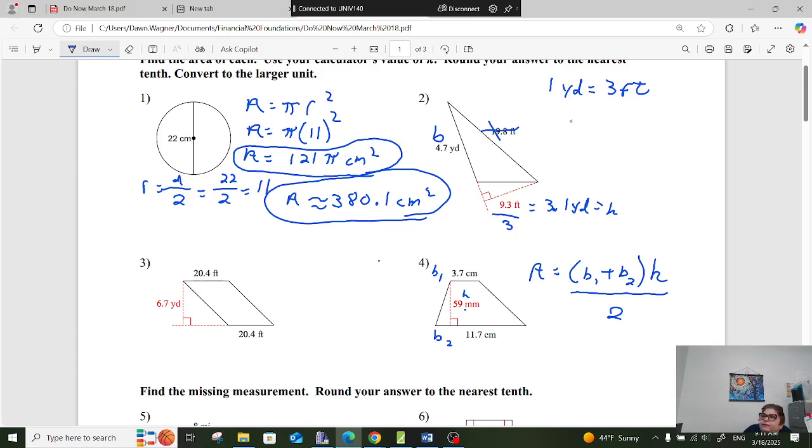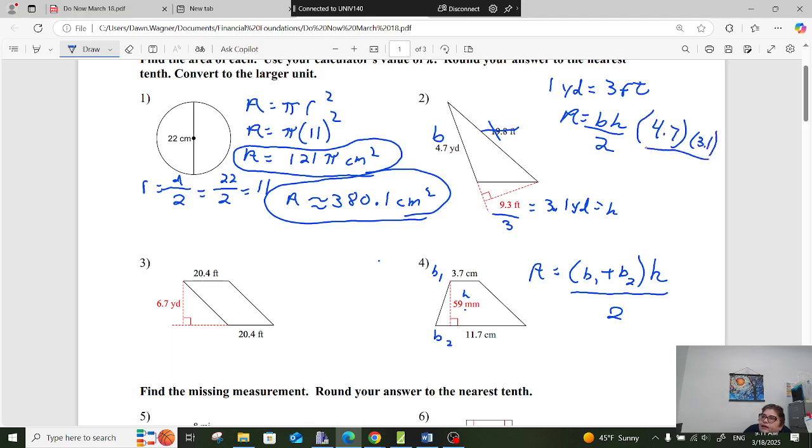So, what is the formula for a triangle? Area equals base times height divided by 2, or 1/2 base times height. Either way works. It means the same thing. So we know base is 4.7. We know height is what? 3.1.